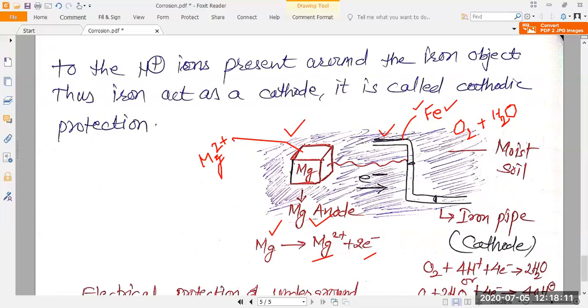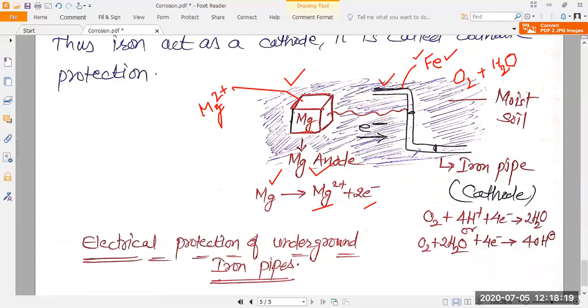These two electrons travel by this wire which is connected to the metallic surface of the iron pipe, and these electrons coming from the magnesium are accepted by the iron pipe, and it acts as the cathodic portion.